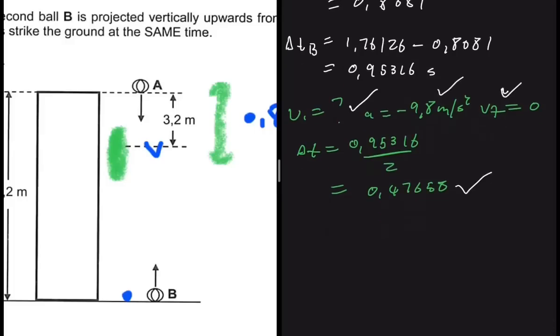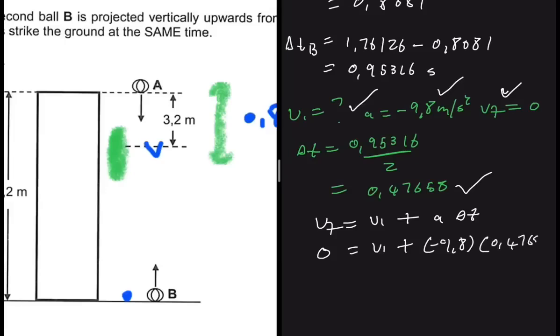So it's easy to see now that I can say VF equals VI plus A delta T. VF is 0. VI is what we're interested in, plus our acceleration, which is minus 9.8, multiplied by the time, which is 0.47658. So minus VI is going to be equal to minus 9.8 multiplied by 0.47658.